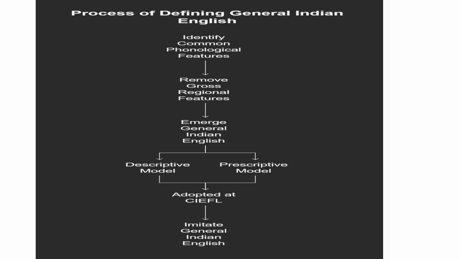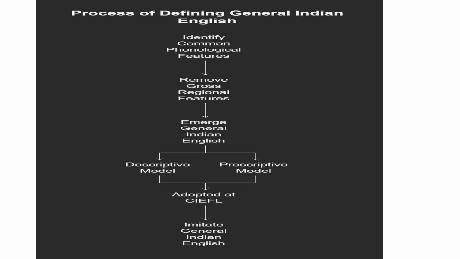So let's try to define General Indian English. If we analyze some of the varieties of Indian English, Tamil English, Malayalam English, Urdu English, Punjabi English, we find certain common phonological features in them.